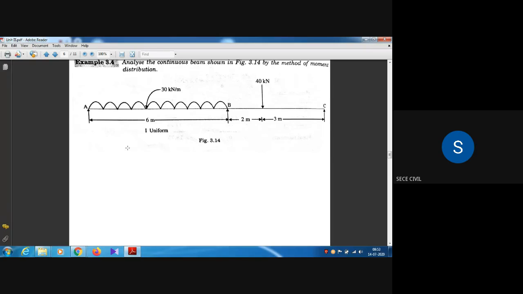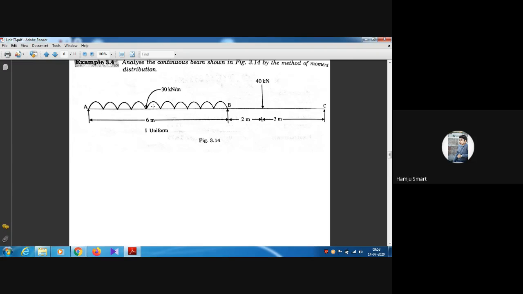The fixed end moment formula depends upon the loading condition. Here the load is UDL. What is the fixed end moment formula? Amjatul, can you answer?